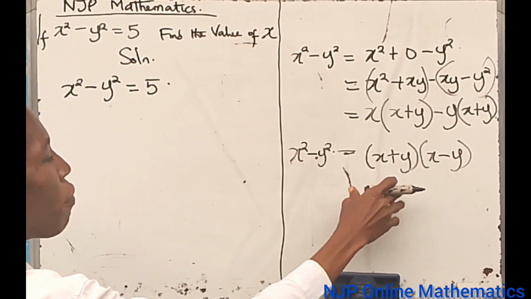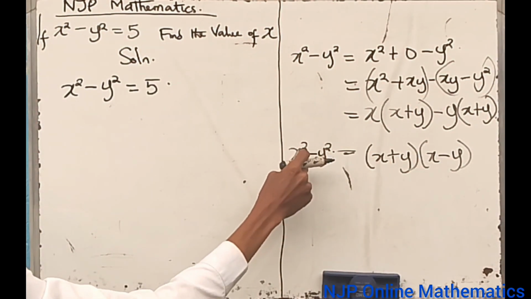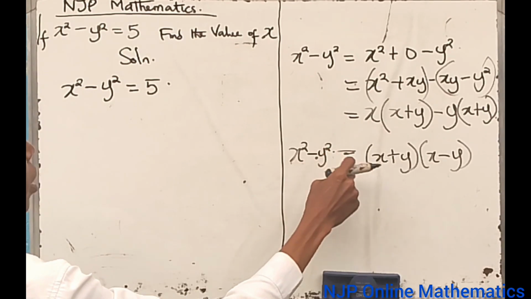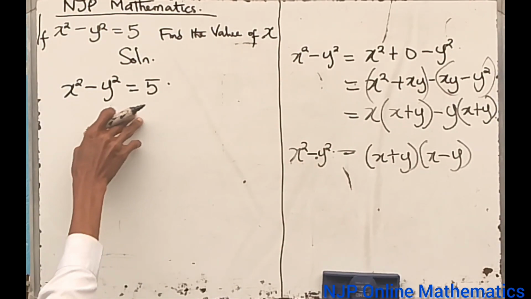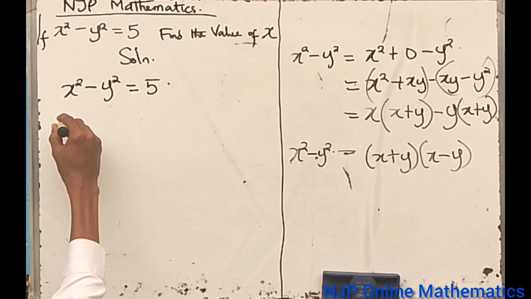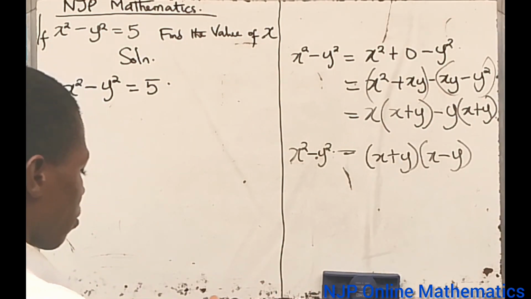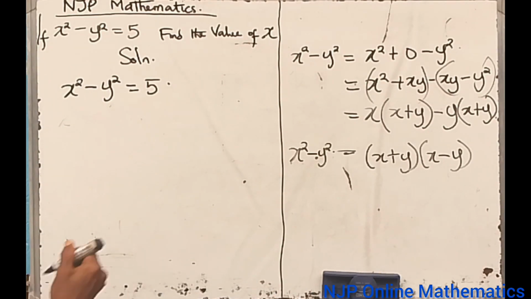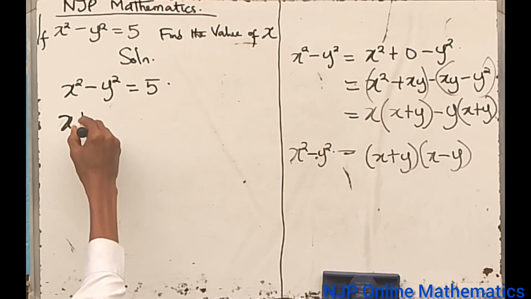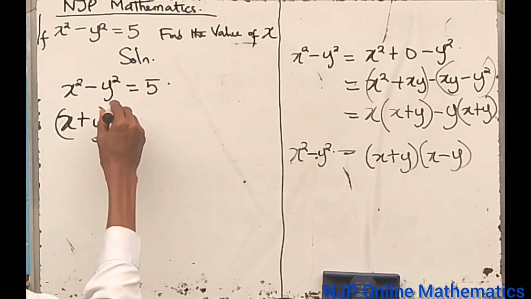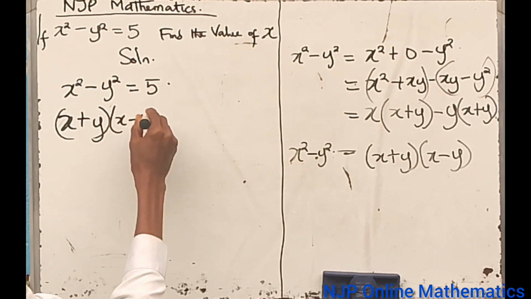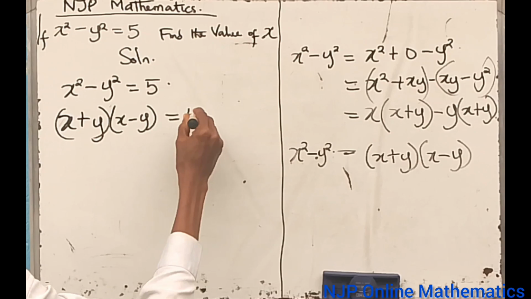So let's substitute the value of x squared minus y squared there in the equation. That is x plus y times x minus y equals 5.